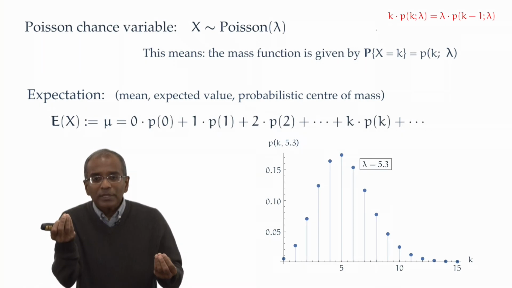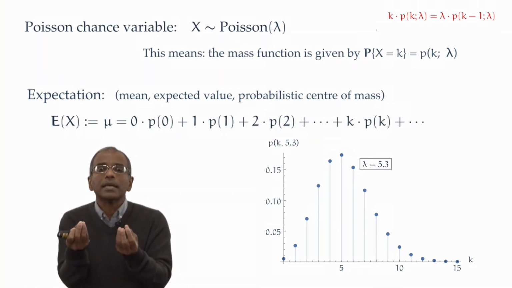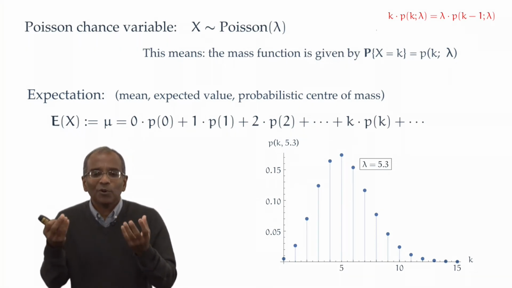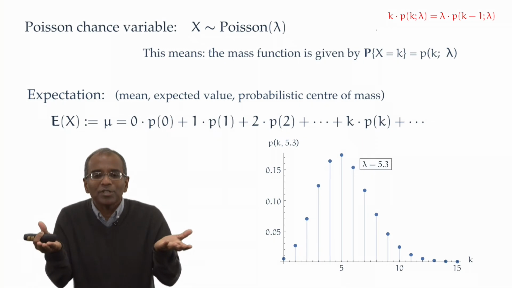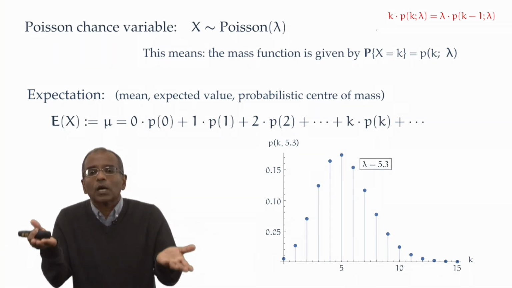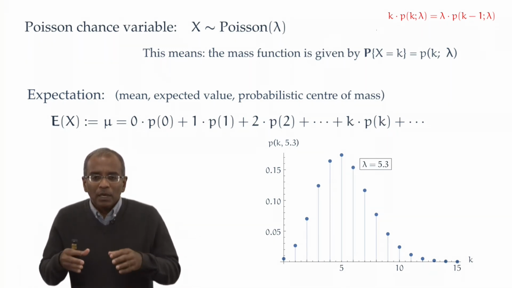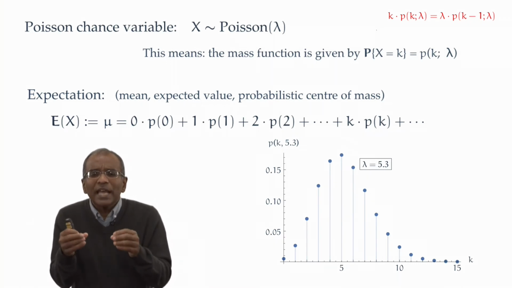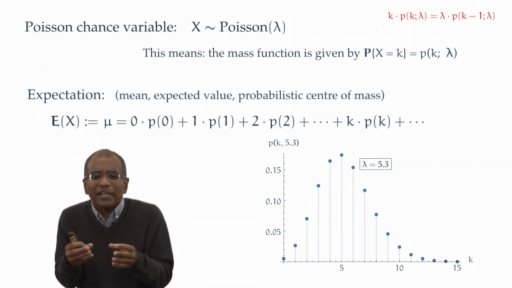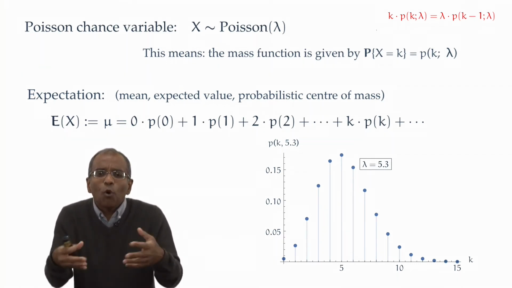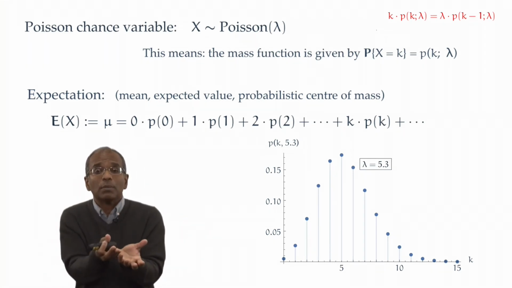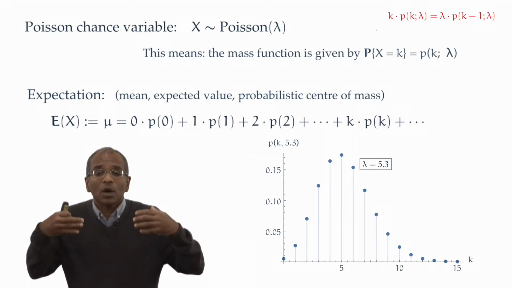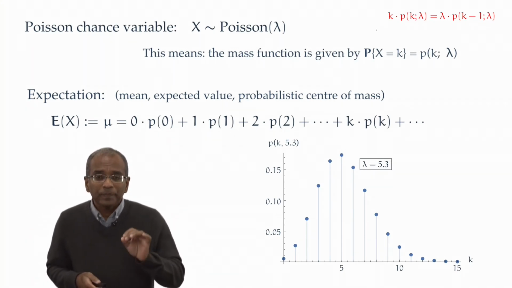The values that the variable takes, the integers k, weighted by the mass attached to k. Of course, this is a natural extension of the idea of an arithmetic average to a setting where the weights are of different values. Observe that in the expression I've hidden the parameter lambda. So lambda is a fixed parameter which is informing this distribution. Of course, I expect the sum on the right to somehow depend on lambda. So then this is what we're going to attempt to discover.